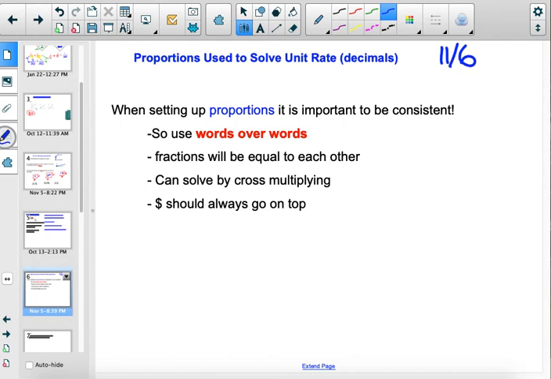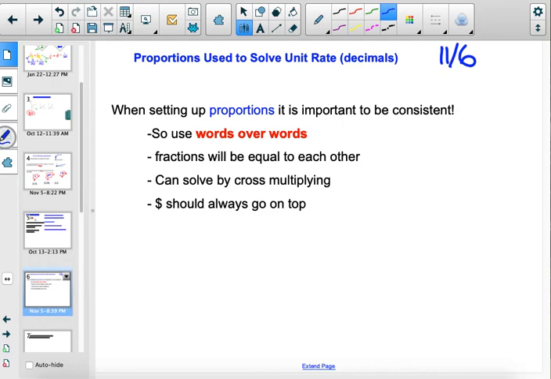If you have a highlighter, I'm gonna say words over words a lot. That's what I use to be consistent. I'll show you what it means in a second. It means when you're setting it up, whatever unit's on top, you want to make sure you use it for both numerators.